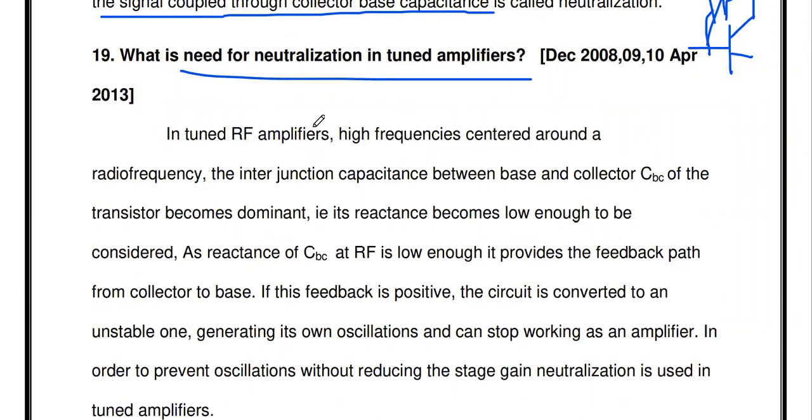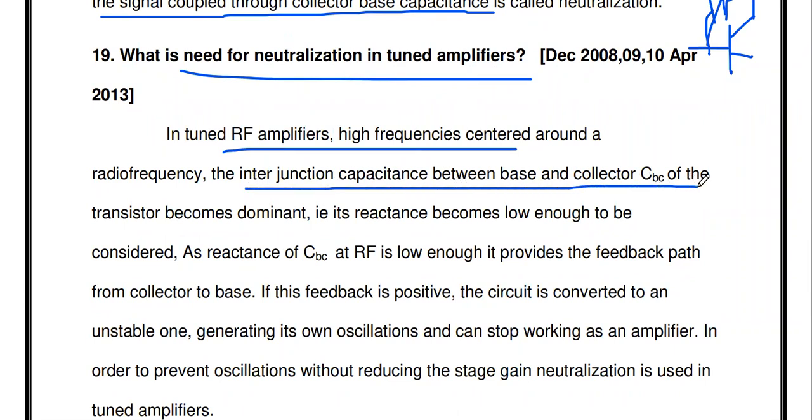I discussed that when we are using the tuned RF amplifier at high frequency, the interjunction capacitance between the base and collector becomes dominant. So it provides a feedback path from collector to base. The collector is the output terminal and the base is the input terminal.